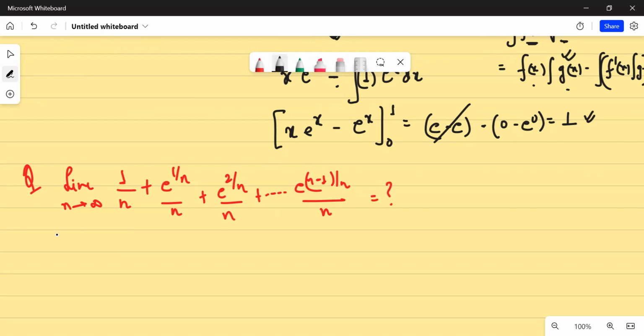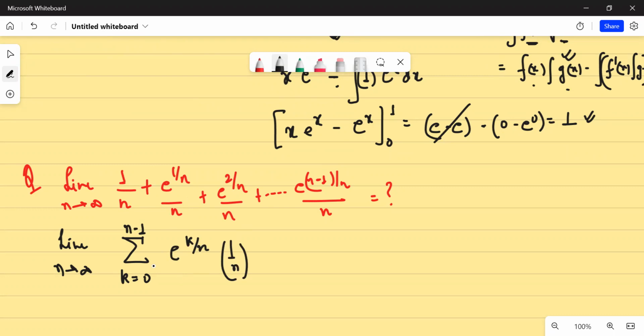So how would you do it? I'll write in a very compact sense: limit n tends to infinity, summation k equal to 0 to n minus 1, and this is e raised to the power k upon n. If you can see what I want to say.